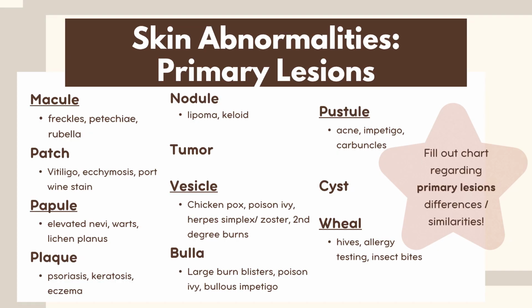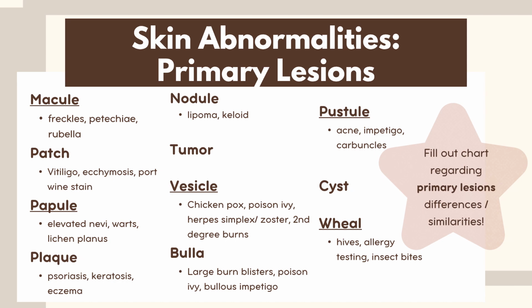A wheal is going to be an elevated mass with transparent borders that is often irregular, and the color and size may vary. So this is caused by movement of serous fluid into the dermis. It does not contain a free fluid cavity. That would be a vesicle.